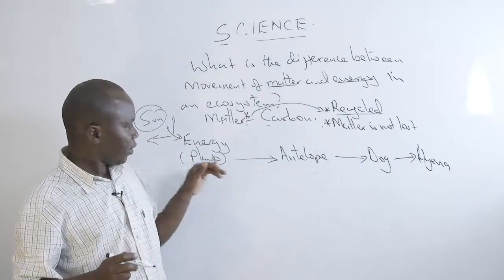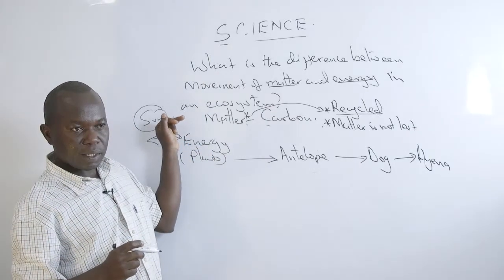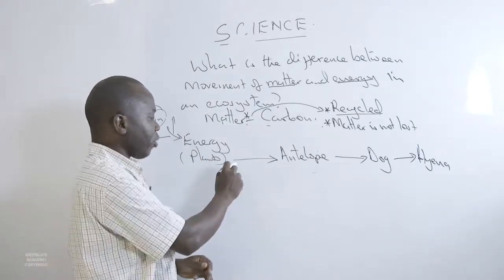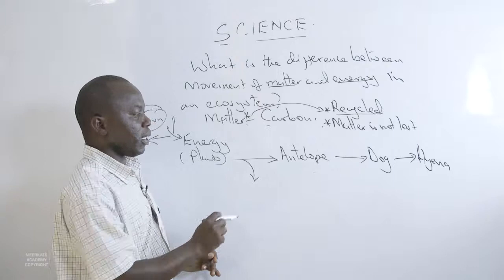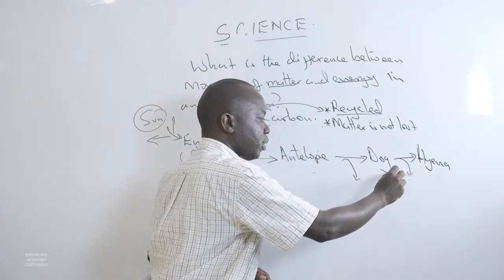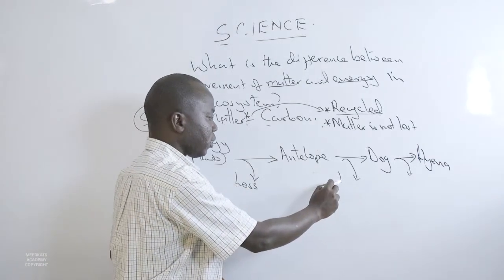But there's some slight difference about energy. As we have already said, from the sun, it has been lost. From plants to antelope, it is lost. From antelope to dog, it is lost. From dog to hyena, it is lost. So we have loss of energy.